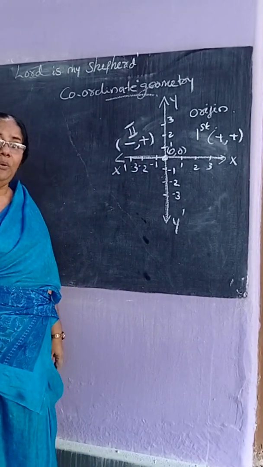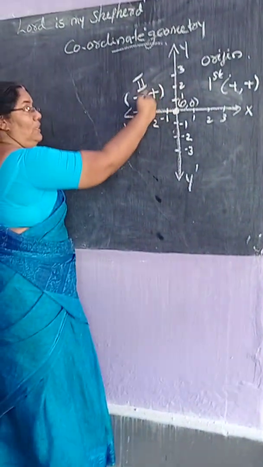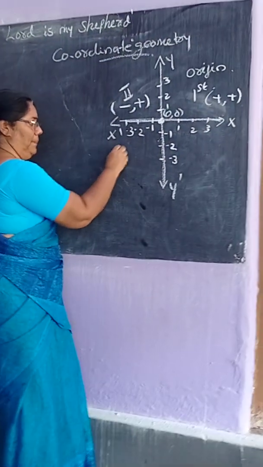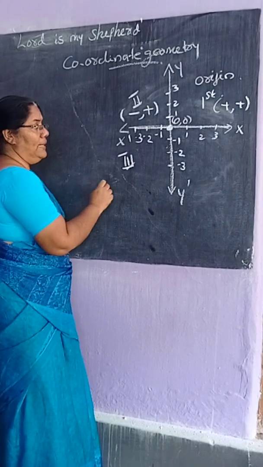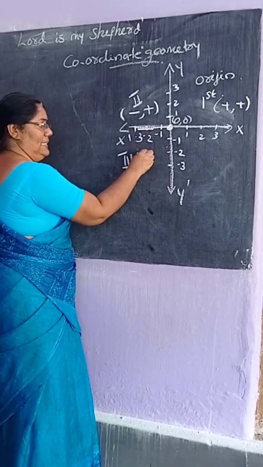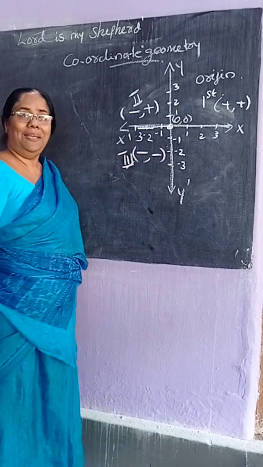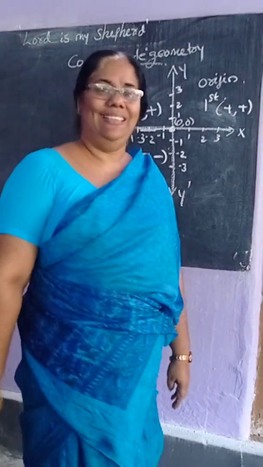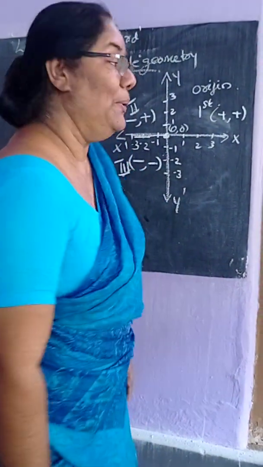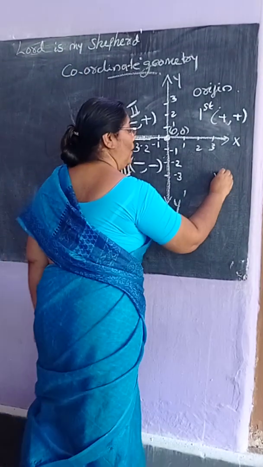Then what about the third quadrant? Write in order. Third quadrant, x is negative, and in the same way, y is also negative. Minus, minus. Understand? Then what about the last quadrant, the fourth quadrant?